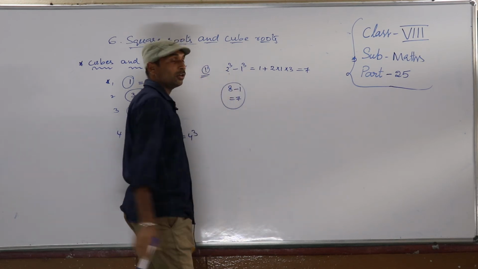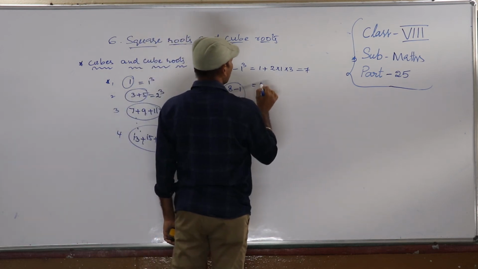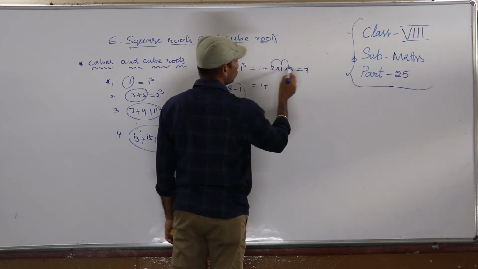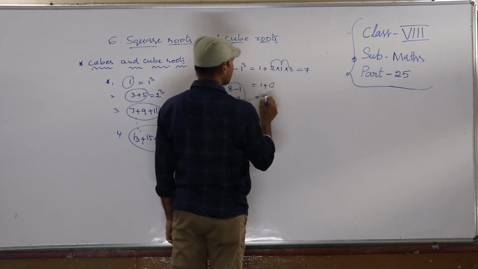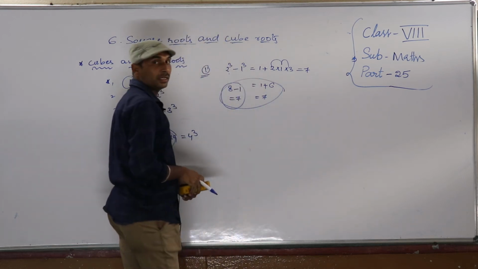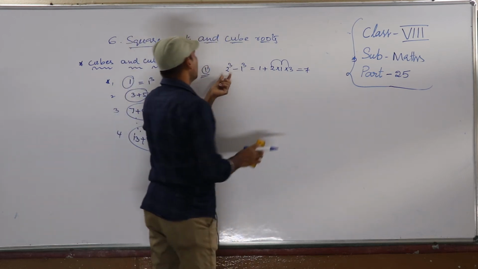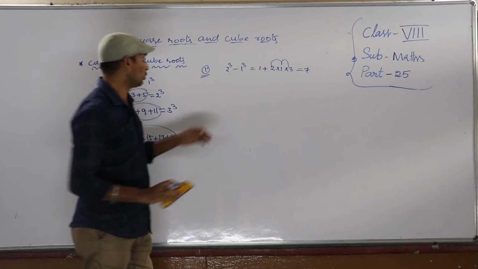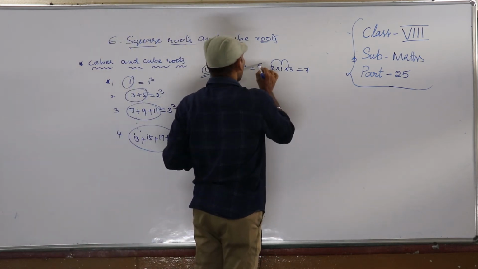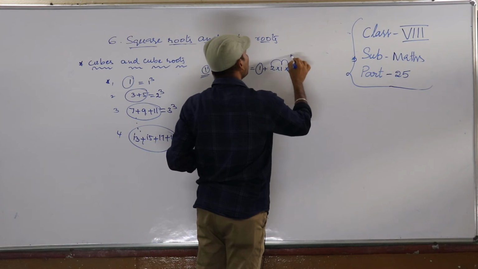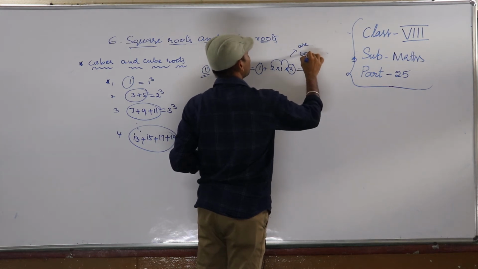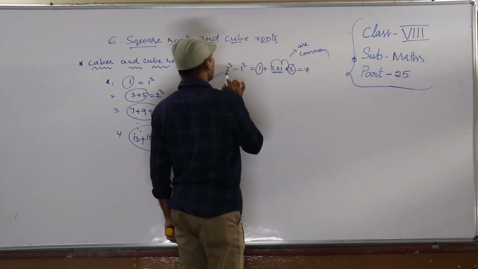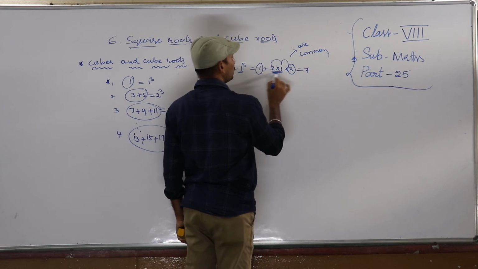We are getting the same answer, no? 2 1s are 2, 2 3s are 6, 1 plus 6, 7. So 2 cube minus 1 cube is equal to this: 1 and the last 3 are common every time. This we will change. Here 2 into 1 I am taking.